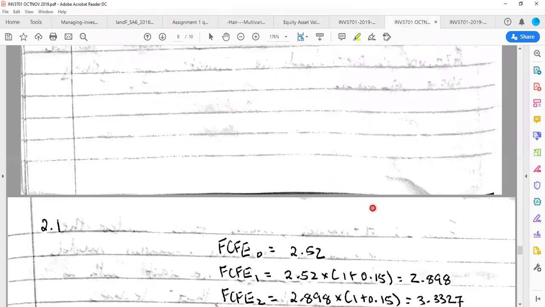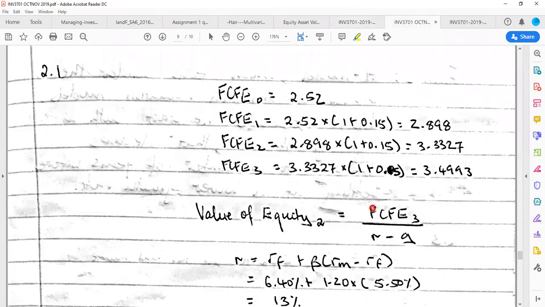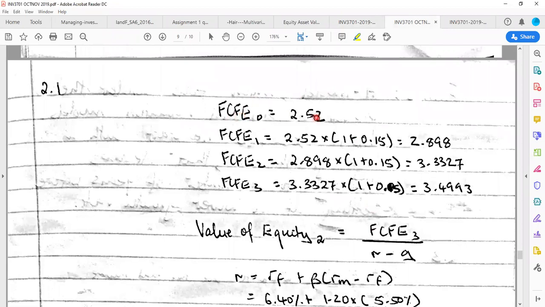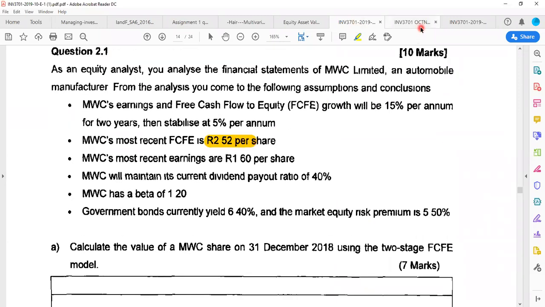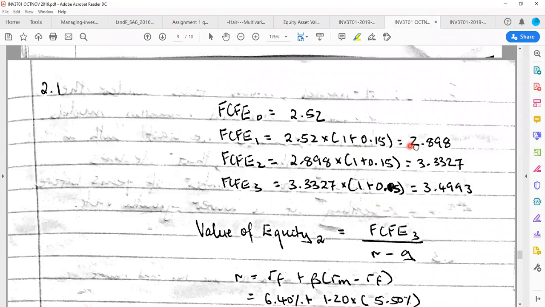So remember, with the free cash flow to equity model, the first thing you do is calculate the free cash flow of the company in each of the future years, right? The most recent one is 2.52, as we've been told here. And then that 2.52 will grow by 15% to 2.898. Then that 2.898 will grow by 15% to 3.3327.